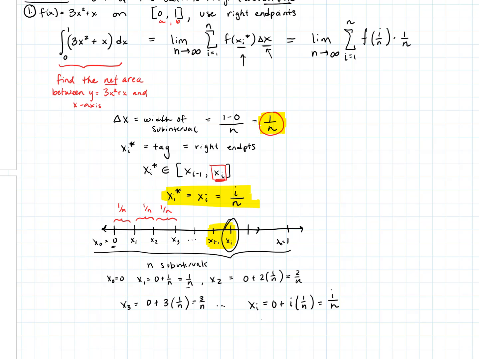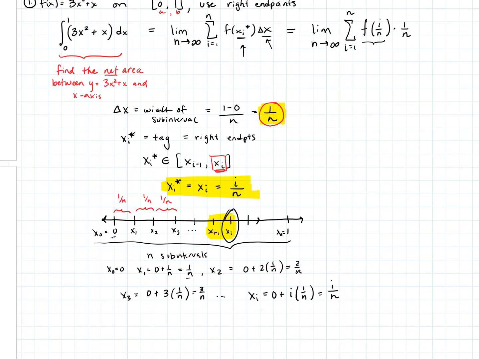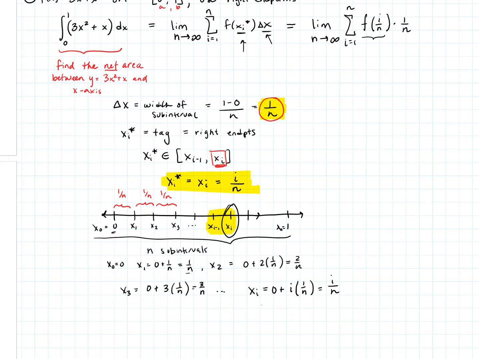Now we're going to use the function and plug in i over n. I'm actually going to come down below my work so I have a little more space. Grab this and bring it down.